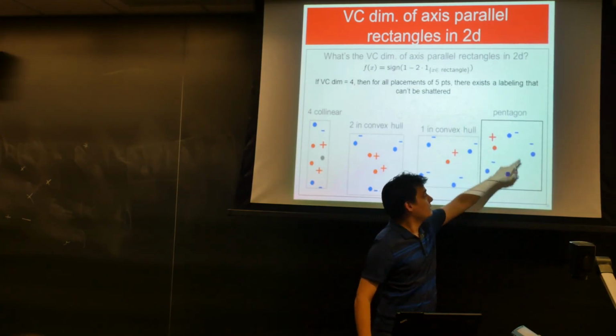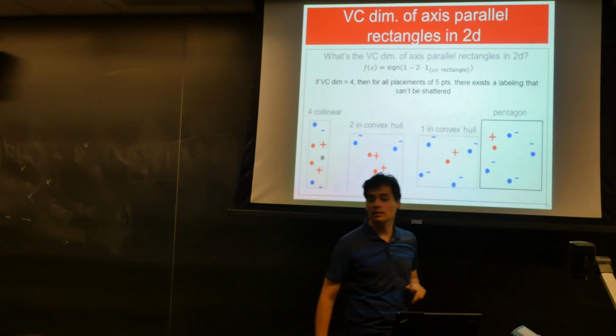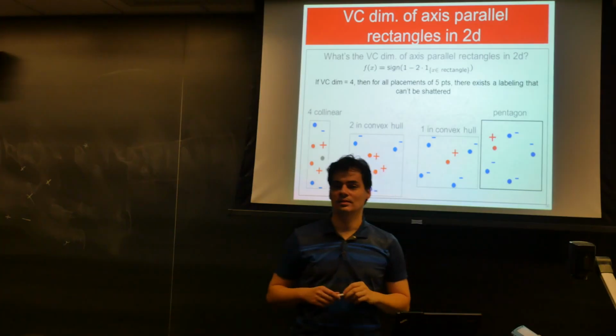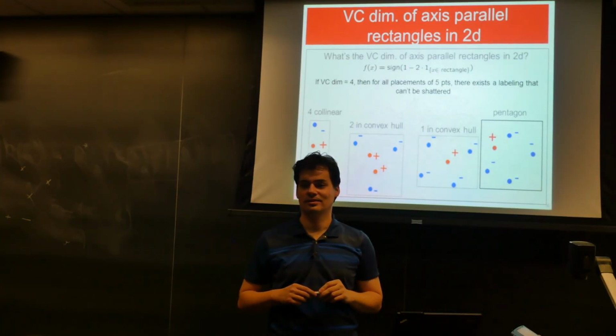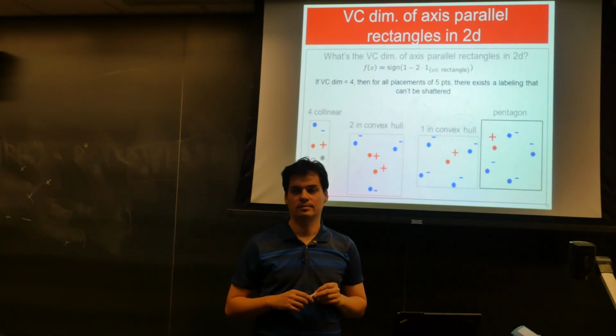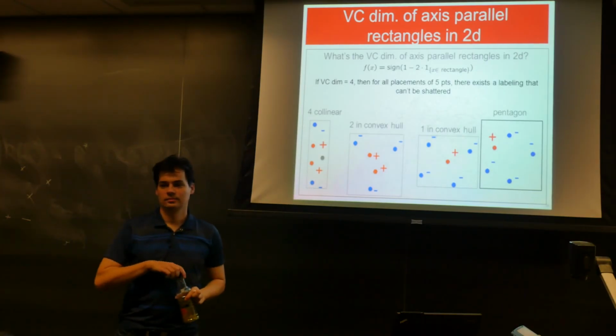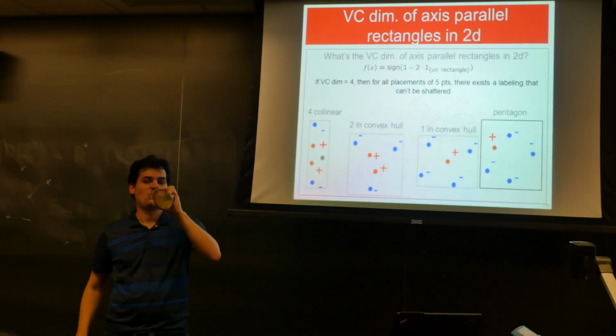All right, if we have these 5 points, any comments, Alex? No, I was just mentioning that as you increase the number of points, at some point you will run out of possibilities. And what we're seeing already is that the complexity is dependent on the layout of points.